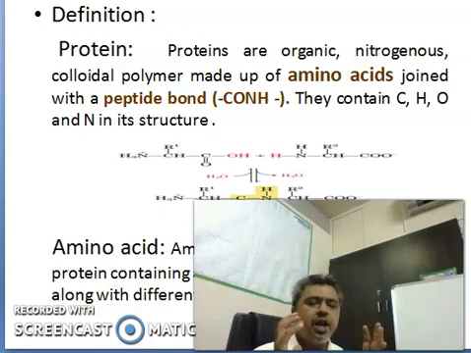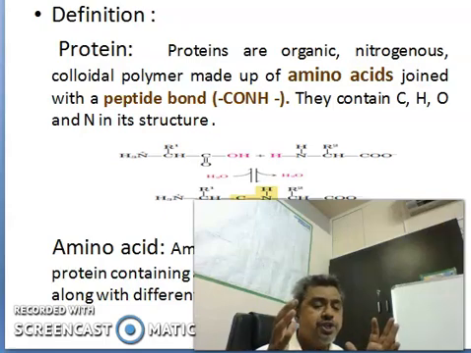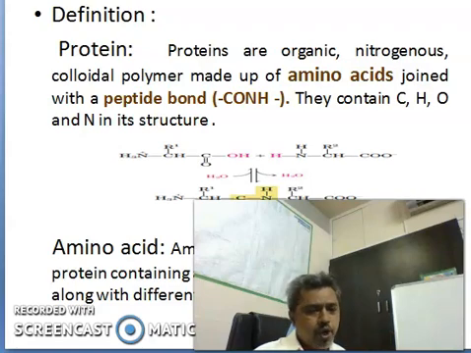So what is a protein? Proteins are organic, nitrogenous, colloidal polymers made up of amino acids joined together by peptide bonds, and they contain carbon, hydrogen, oxygen and nitrogen.